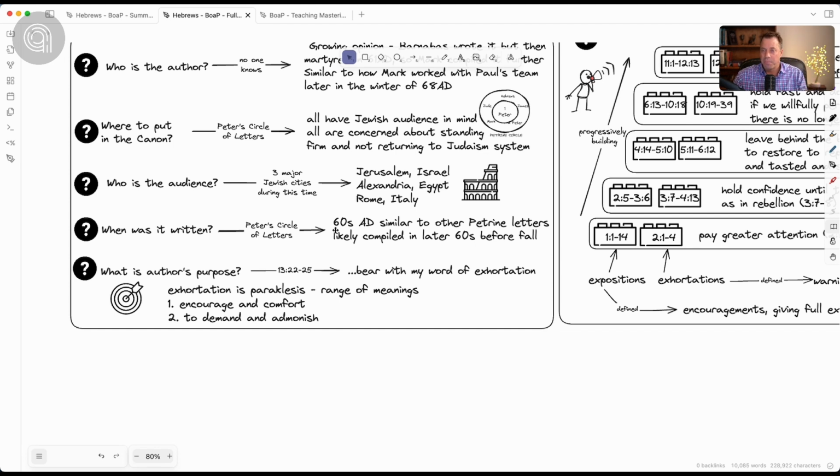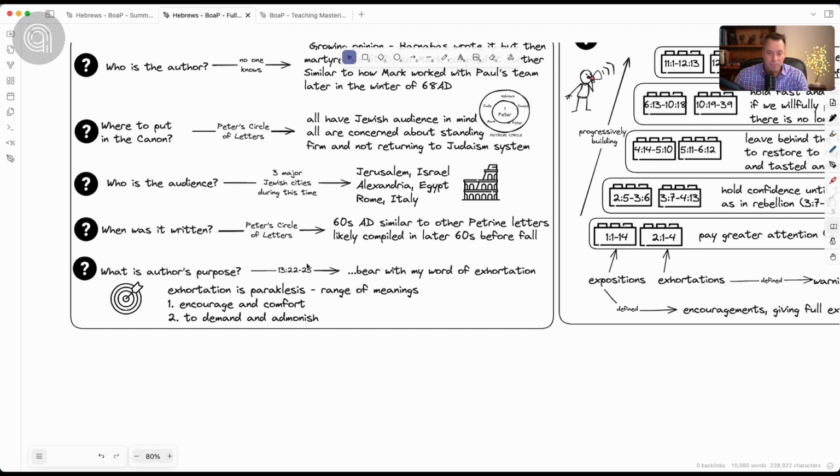So keep that in mind, that they've been living for 30-some years in this new covenant, and it's growing with clarity as the Spirit leads the apostles with clarity in Christ's teachings and what he's doing in this age. They're living in this time, but it's been 30-some years, and some of them thought Jesus would have come back by now, and so they're growing wary, and they're getting a lot of pressure from their culture and from other Hebrews.